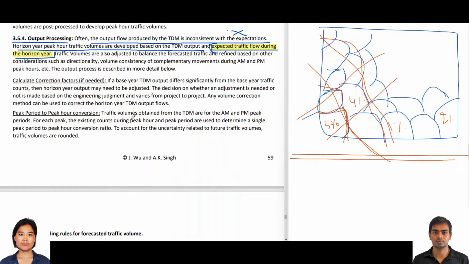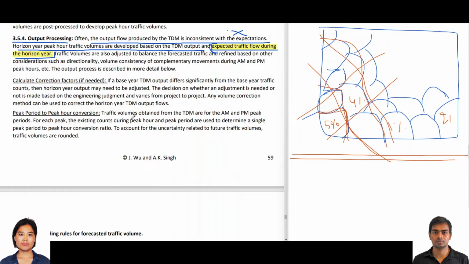So this mental picture will help us form our engineering judgment on which numbers to adjust, and engineering judgment plays a very big role in producing a high quality forecast compared to just taking the TDM output, which for the most part, in my personal experience, throws some weird numbers, and we need to be careful about using the TDM output directly.